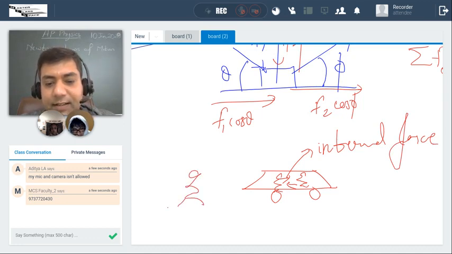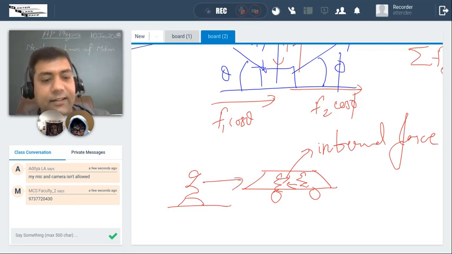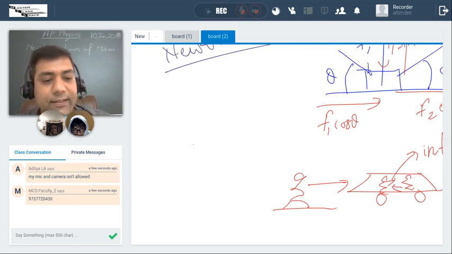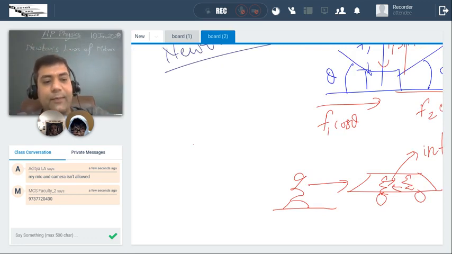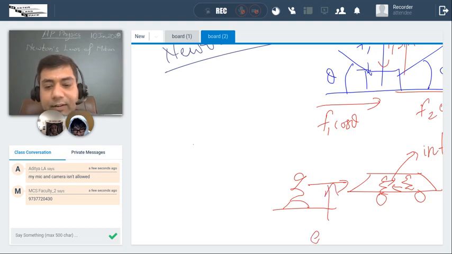Now then Ishita decides I come outside and start pushing this. That's what happens many times. That's what people used to do in old age. When the engine was not starting, they would come out and start pushing it. Then it used to start. Okay? So my dear friends, this is external force. Got it?